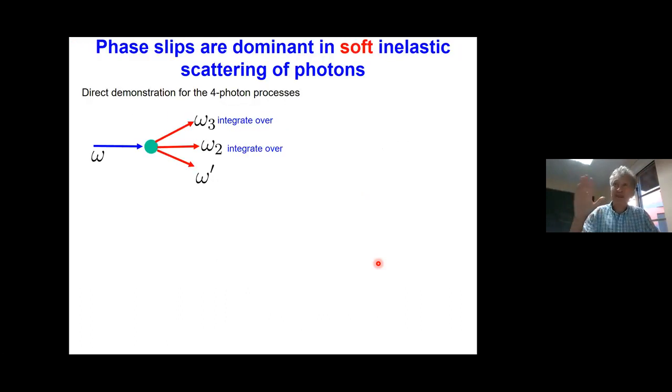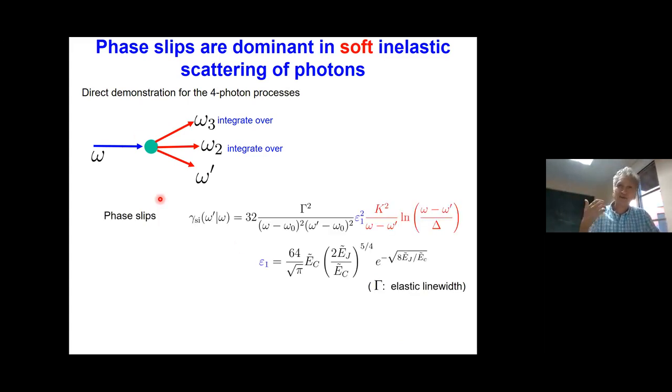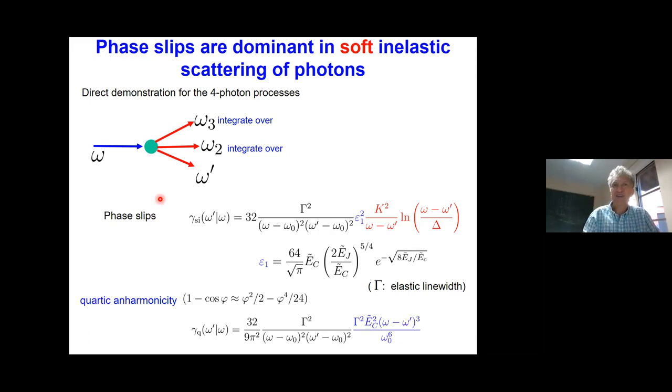One can show, I mean, it's a tedious calculation, but one can look at the 4-photon process, the lowest process, and look at what phase slips do, and what the classical anharmonicity does. And the difference is drastic, because for soft inelastic transitions at small omega minus omega prime, the phase slips produce a divergent contribution to the inelastic differential cross-section, whereas the anharmonicity is quite benign.